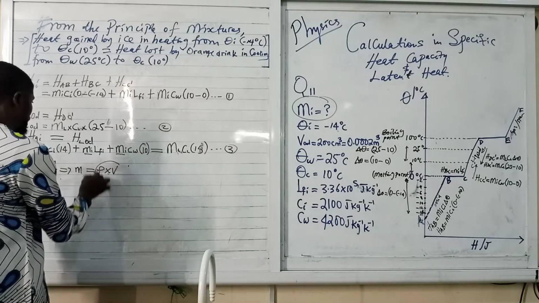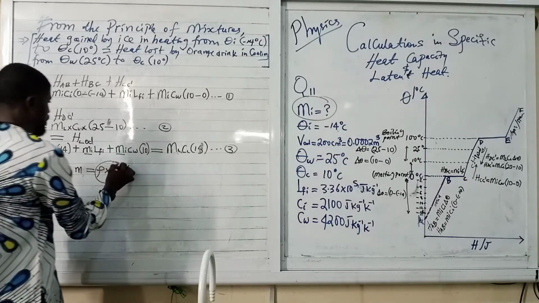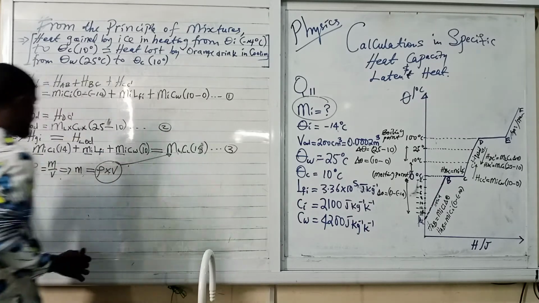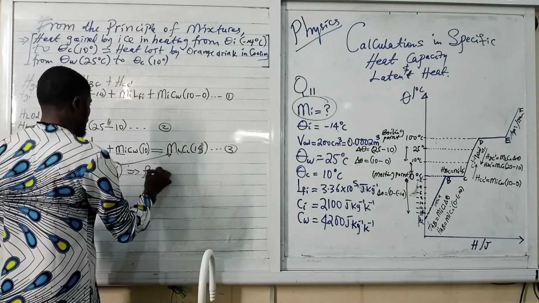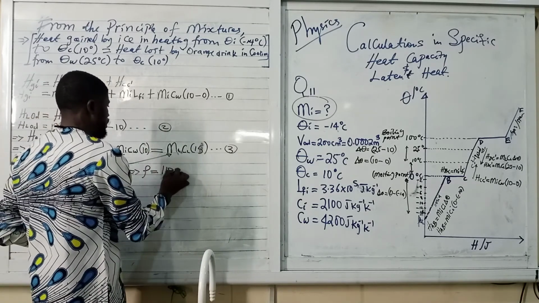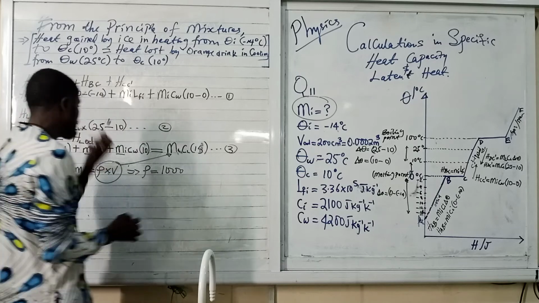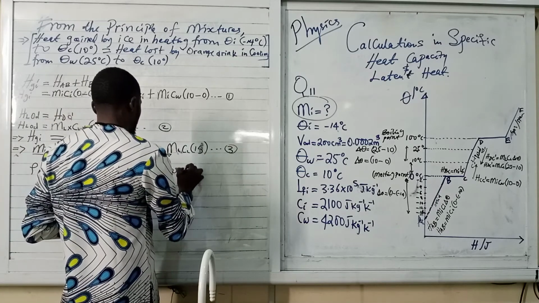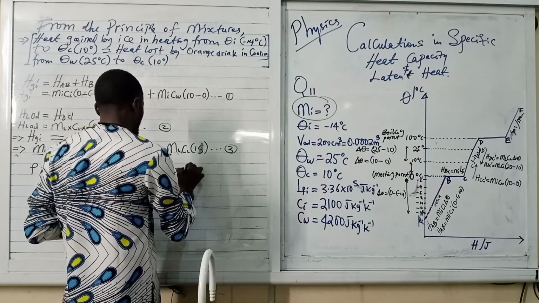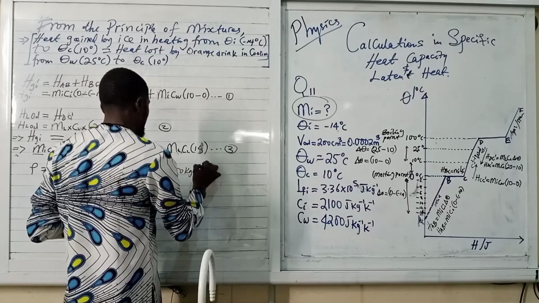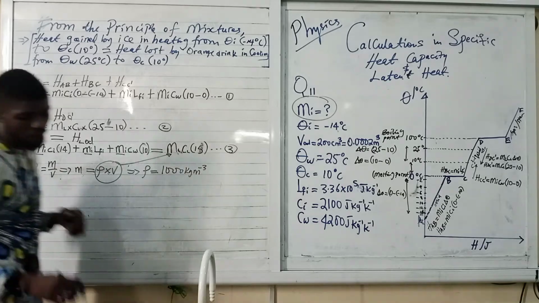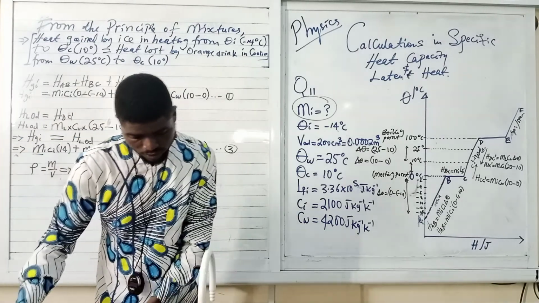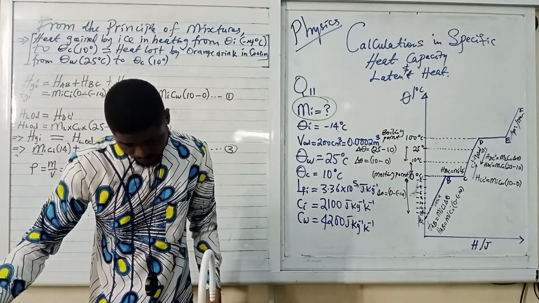So it means that we are going to substitute this here. Can you see that? Also recall that the density of liquid is given as 1,000 kilogram per meter cube. That is the density of liquid. Let me verify that quickly.